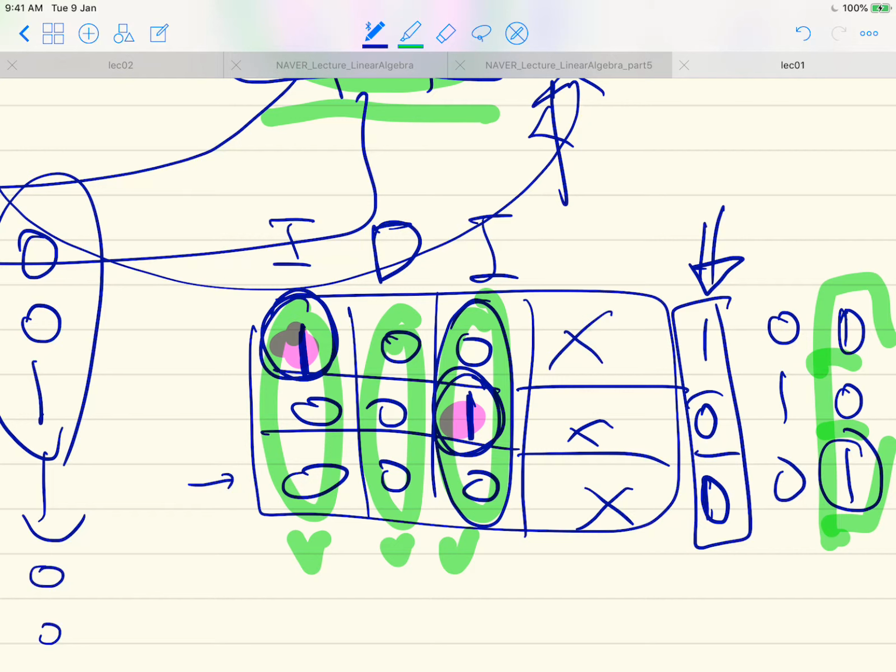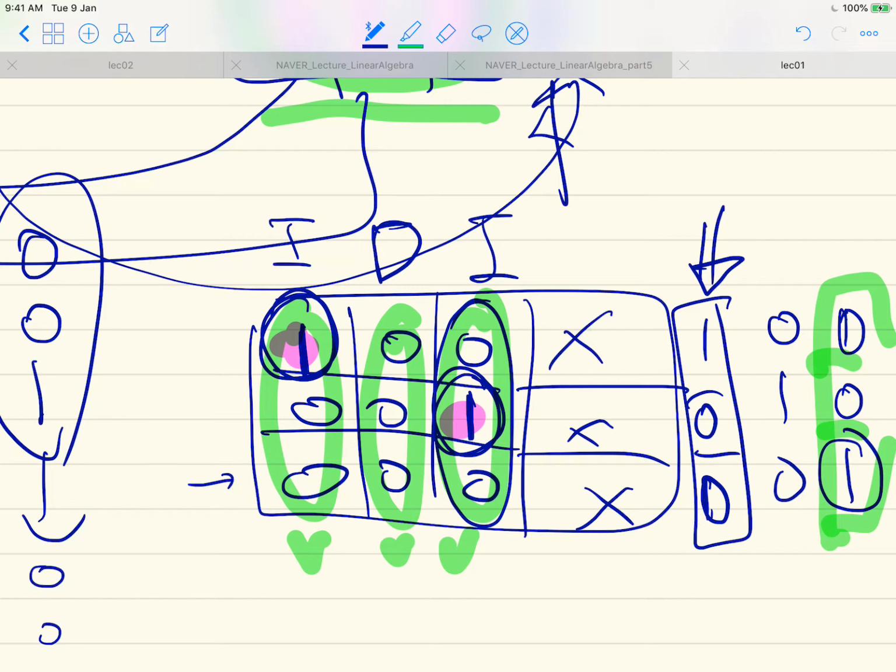So again, each column will have at most 1 pivot, which means we have a completely 0 column, or a column where at most only one non-zero entry is found, right?